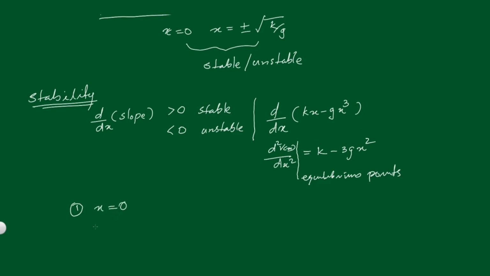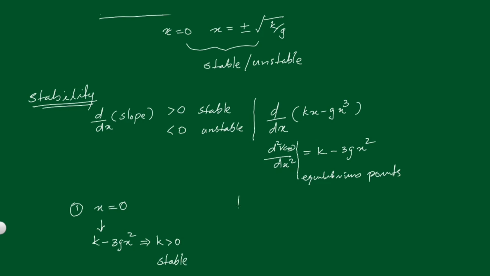Substituting x equal to 0 in k minus 3g x square, we get k. This is greater than 0. That means x equal to 0 is a stable equilibrium.